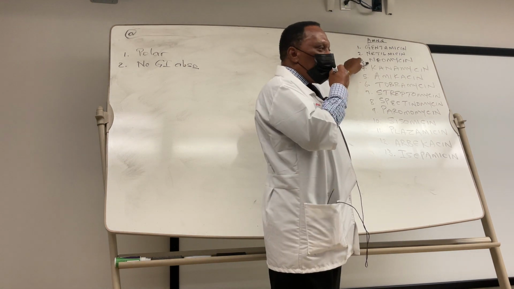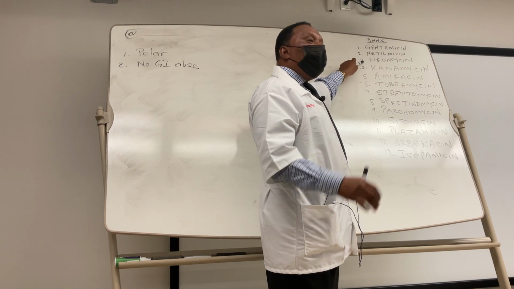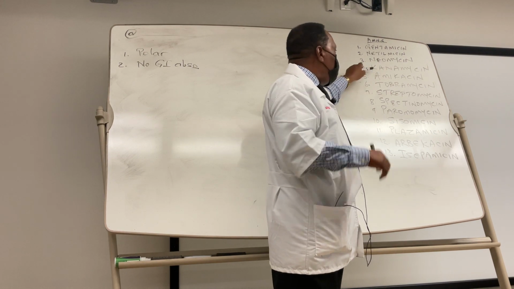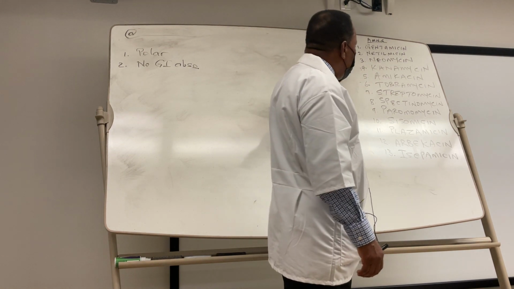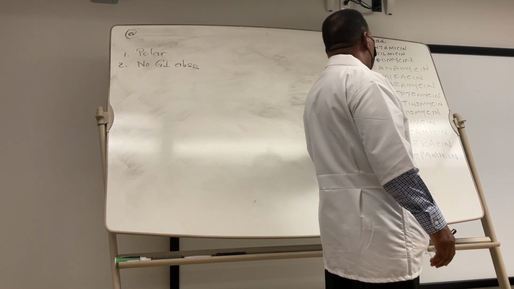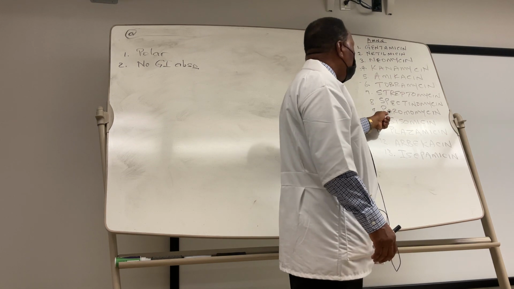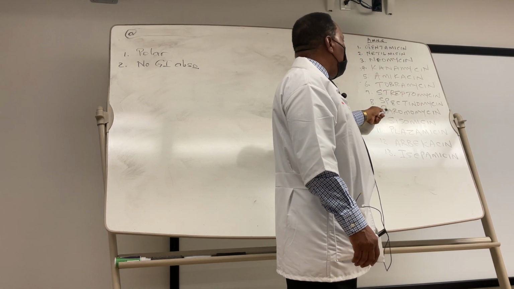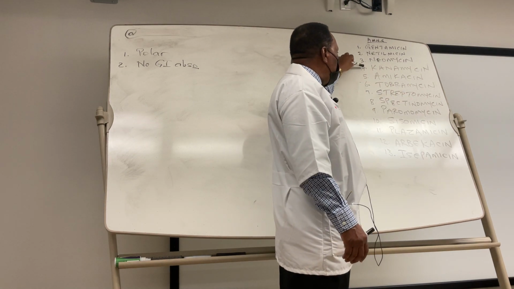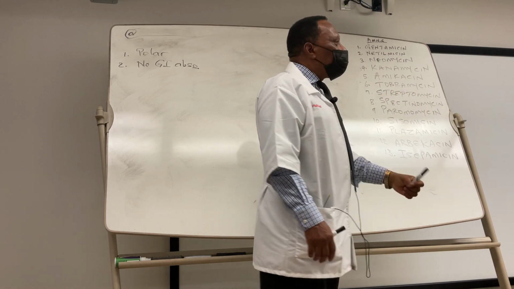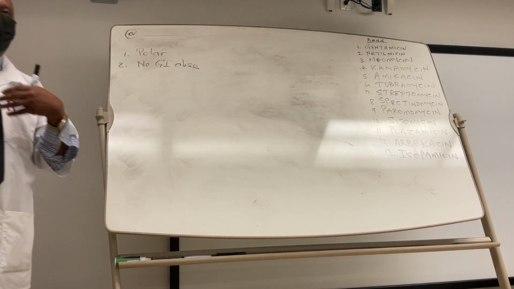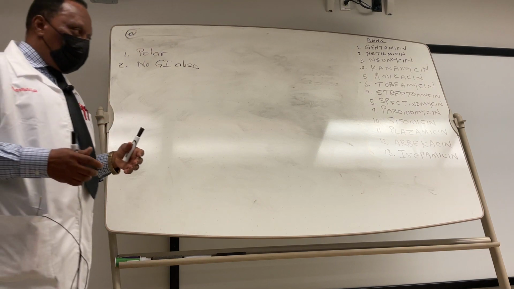Neomycin is one of them that you can give orally, but not for systemic infections. Another one is paromomycin, and then of course kanamycin. So neomycin, kanamycin, and paromomycin can be administered orally, but not for systemic purposes.